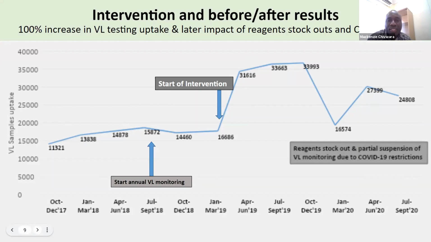But otherwise, we can clearly see the significance and the impact that this task shifting intervention had in terms of overall viral load testing uptake at facility level.